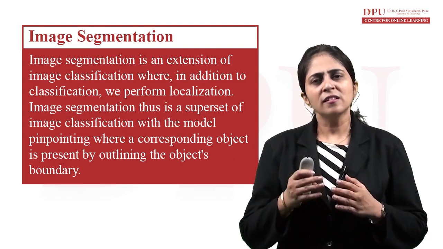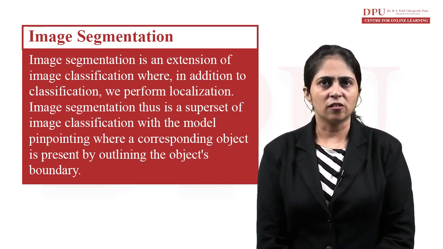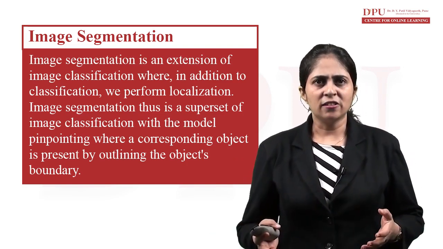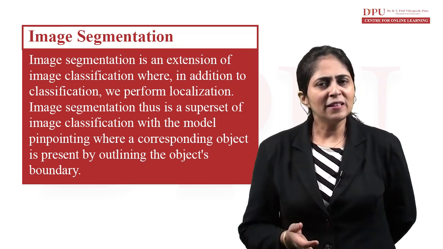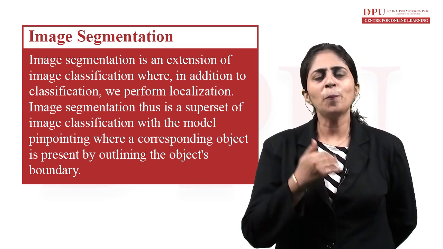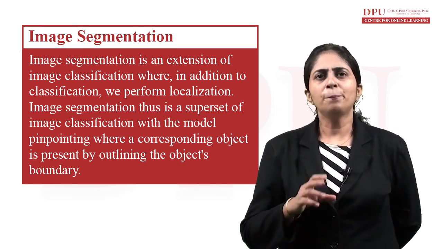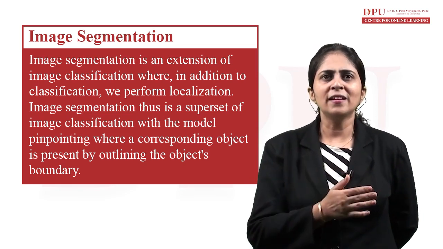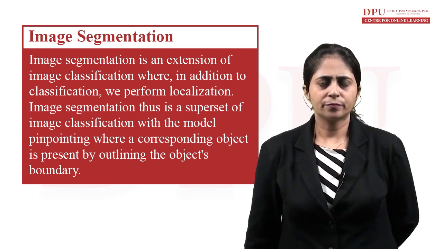Image segmentation is basically an extension of image classification, where in addition to the classification, we are performing localization. It is a superset of image classification, with the model pinpointing where a corresponding object is present by outlining the object boundary.